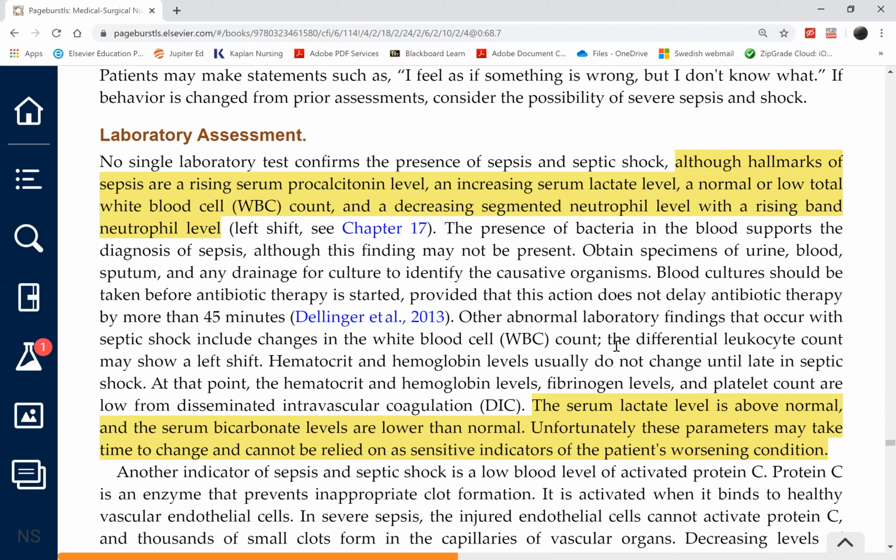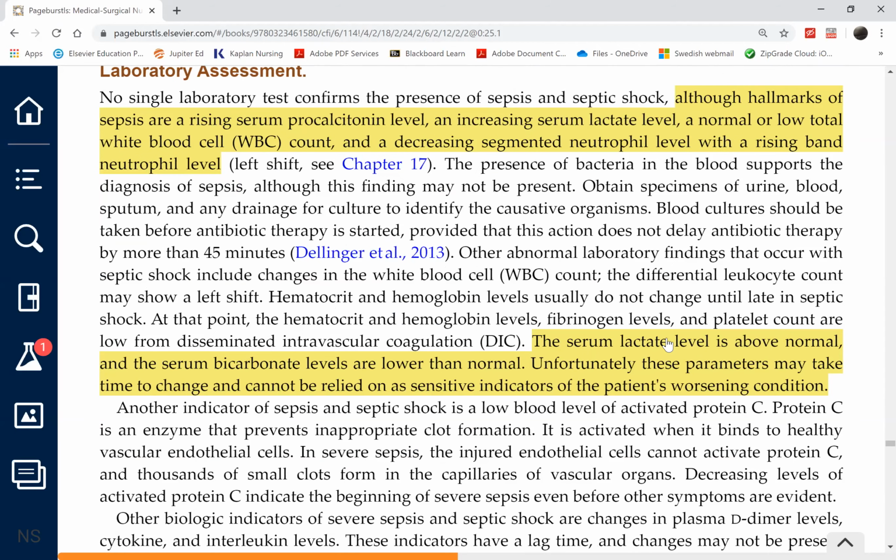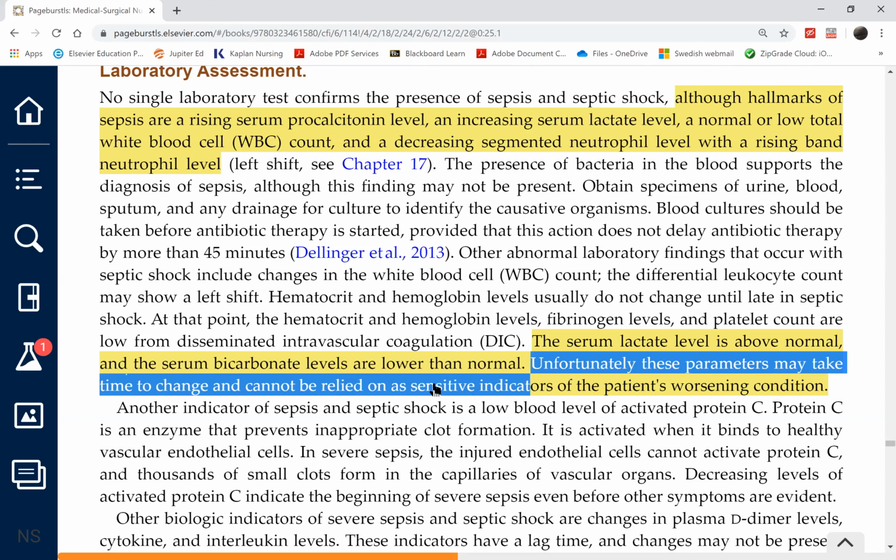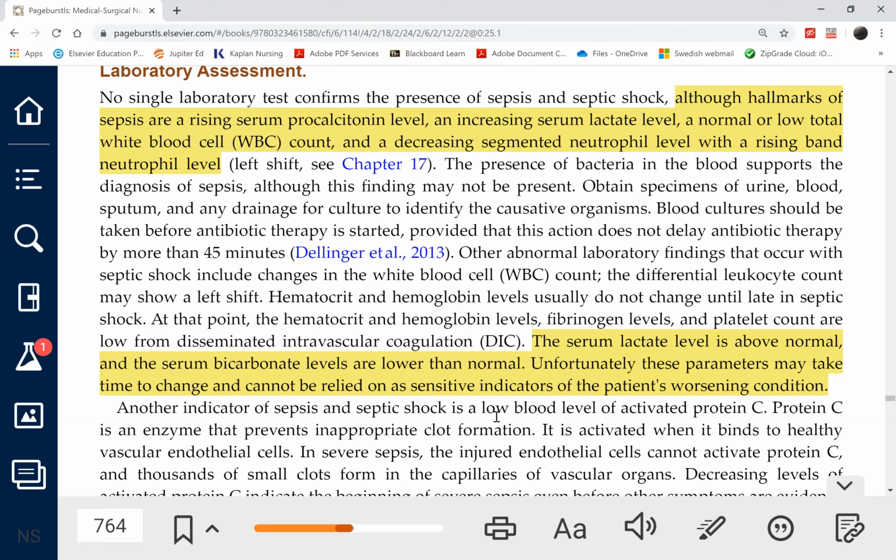However, if you read down here, is the serum lactate the earliest to rise? No. Unfortunately, the lactate levels take time to change. Now, this doesn't mean they're not reliable. They're just not early or sensitive indicators to watch for.